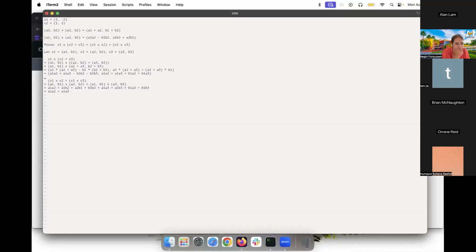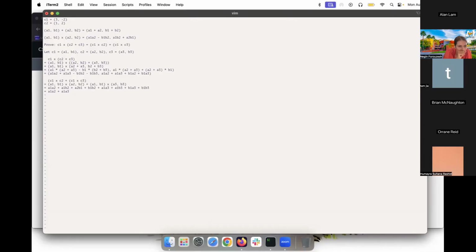Okay. Yeah, it's a bit messy, but this was the statement we're trying to prove. So I started by letting C1 be (A1, B1), C2 be (A2, B2), C3 be (A3, B3), where the A's and B's are real numbers. Okay. So we started with the left-hand side, and I substituted each of C1, C2, C3 with the appropriate definitions. And then simplify.